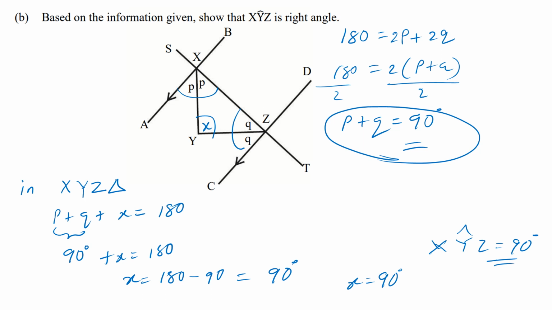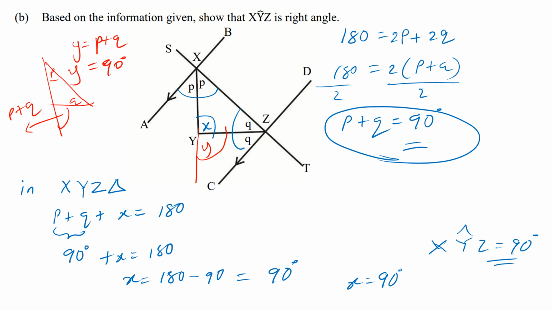And also you can find it in another way. I'll show you that method too. You can construct a line here, and you can write this y, and according to this theorem, if this is an angle, this is P, this is Q, this angle is equal to P plus Q. This is the exterior angle, and also you can say y is equal to P plus Q. P plus Q is equal to 90.